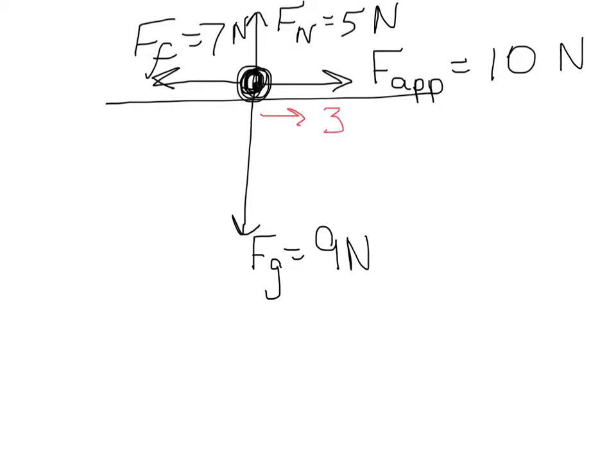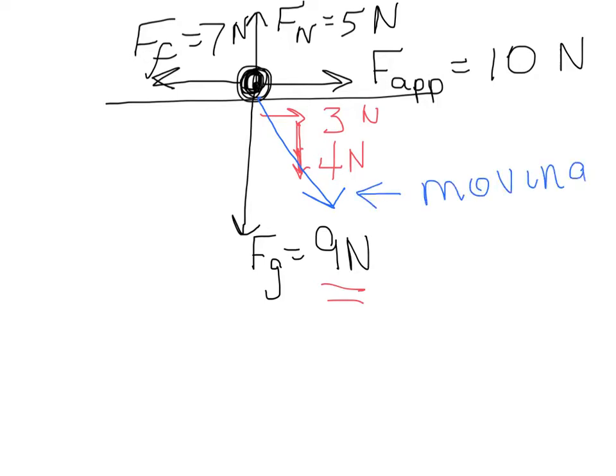And we know it's moving down because 9 is greater than 5. So it's moving down. Let's make it a little bit bigger than our 3 at 4 newtons. So the direction this object takes in reality would be something like that. So it is moving in this direction.